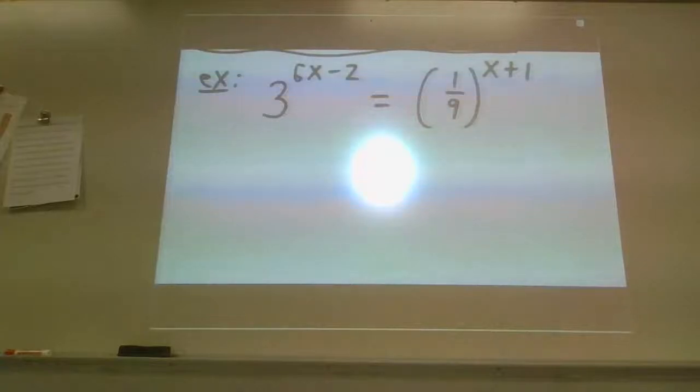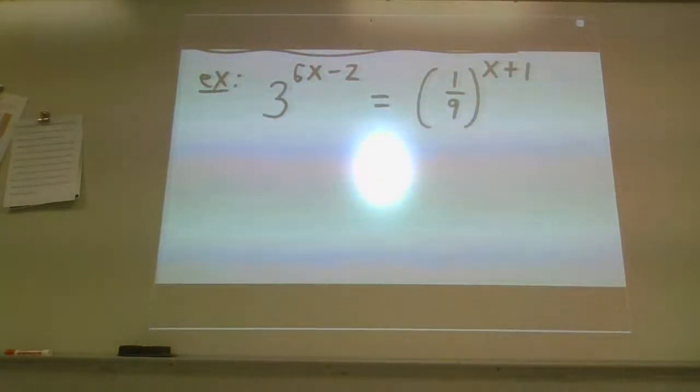The goal with all these problems is to solve for x, to get x by itself, to isolate x. That is the goal and desire of all of these problems. Logarithms will eventually be needed in more difficult problems. But this problem does not require logarithms.